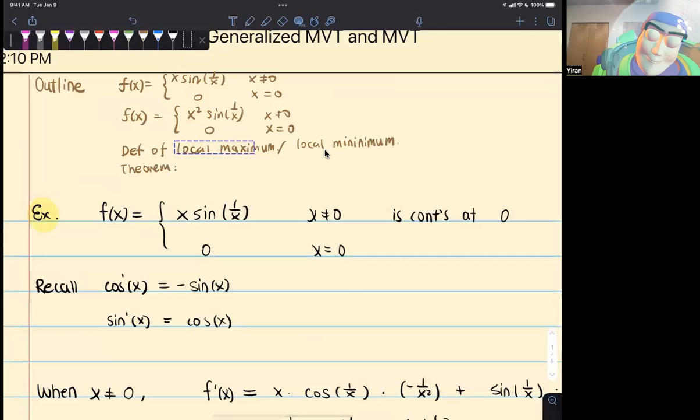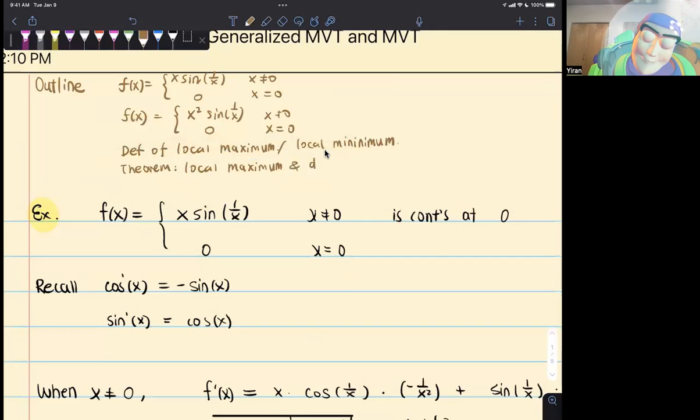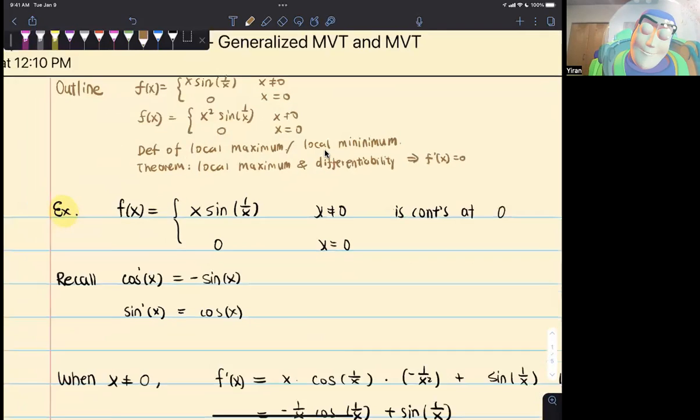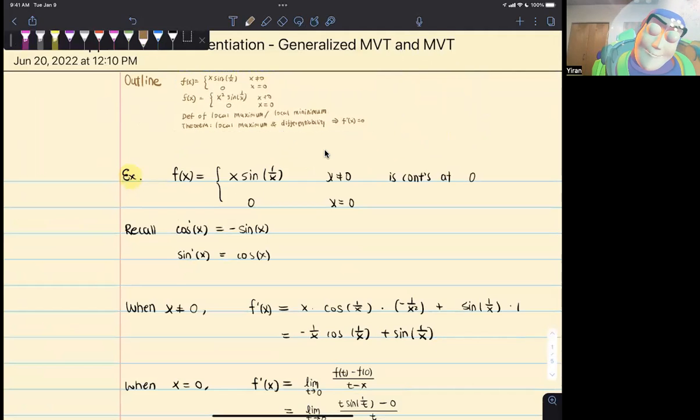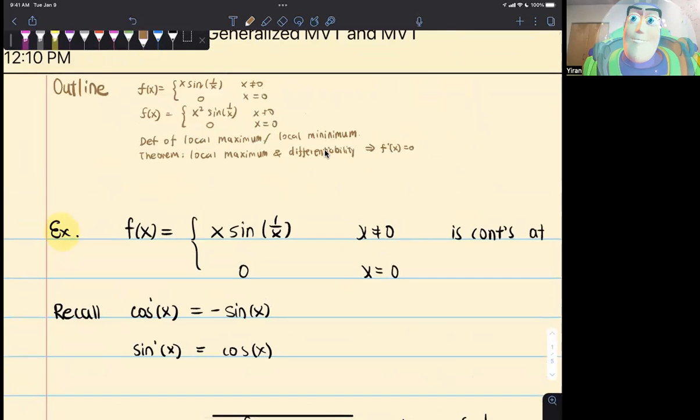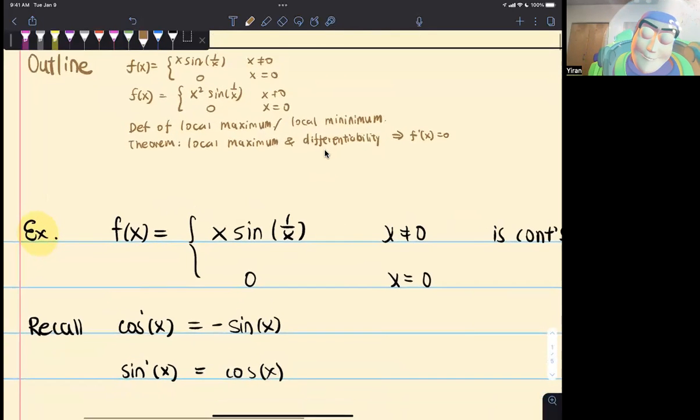The theorem is about local maximum and differentiability implies f prime of x is equal to 0. Because this serves as a quick reference, I do not choose to write the conditions in detail. They just serve as a refresh of my memory.